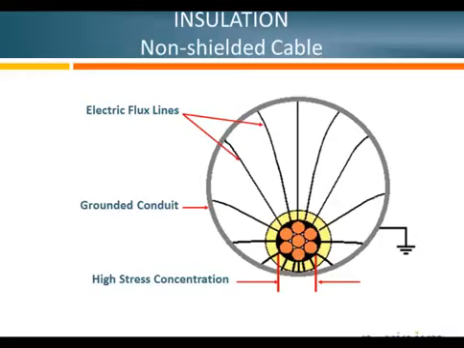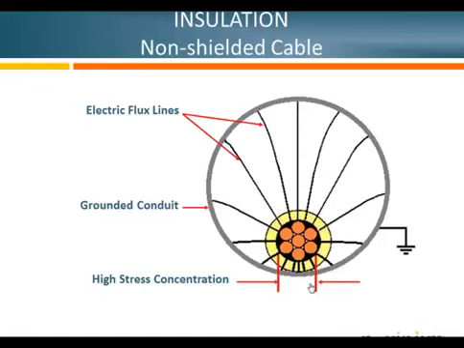So you'll see that it's in contact with ground in this specific area. Well, what happens to these flux lines is they then are concentrating and more going towards ground, and they're getting concentrated in that area. So you have a high stress concentration where that cable insulation is touching ground.